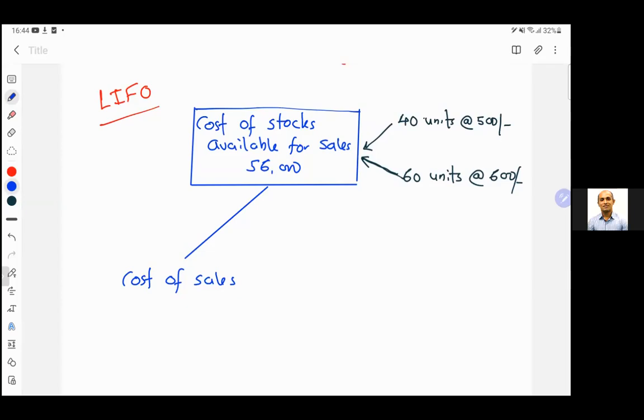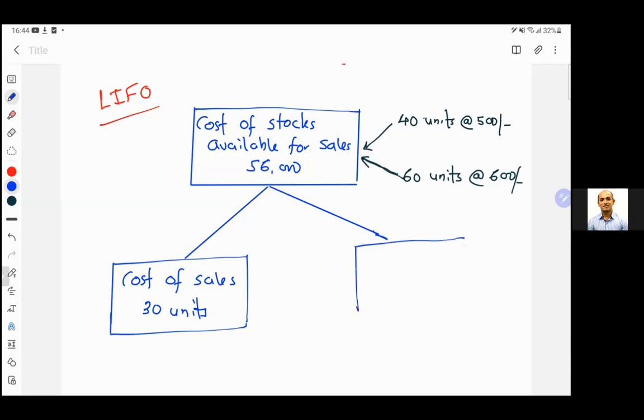So you have sold 30 units. Then cost of sales includes those 30 units sold. Then the cost of 70 units goes to closing stock.